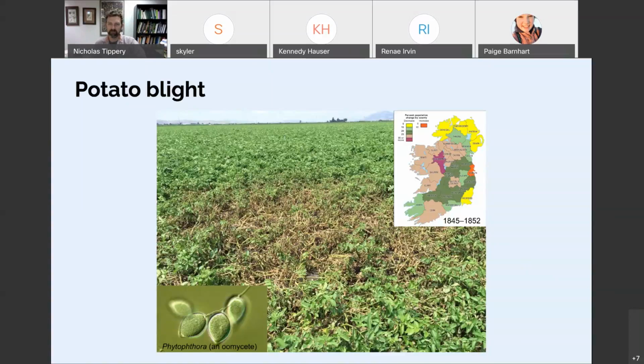But then the problem arose. This is a pathogen of potatoes. Potatoes had been adopted as a really popular, very effective food supply for people, and they had come to be largely dependent on potatoes for their food. So in comes this pathogen called Phytophthora, which is a kind of relative of fungus called an oomycete, and just destroyed the potato supply.